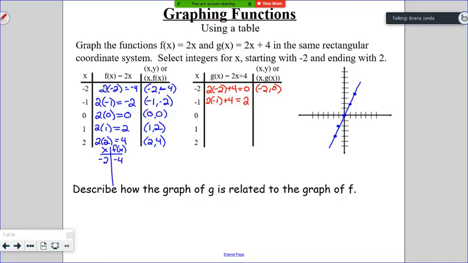But yeah, that's just to distinguish it.